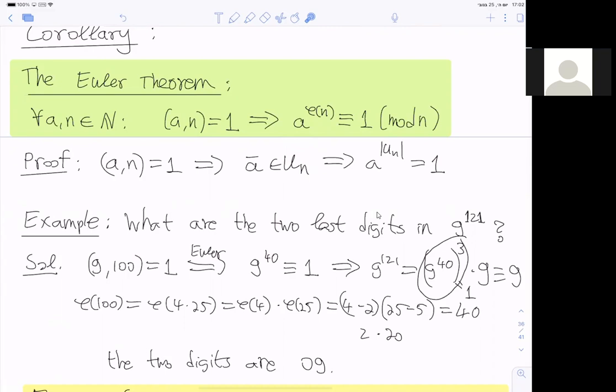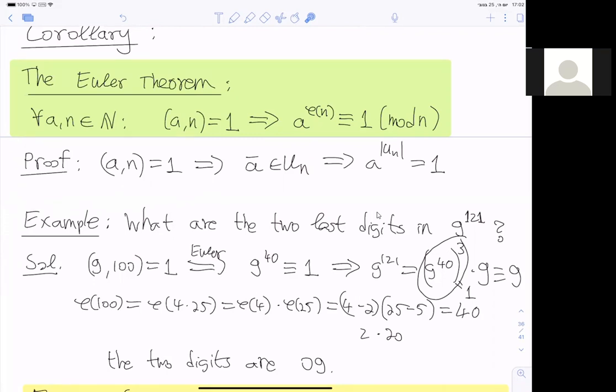For example, U6 contains only two elements, 1 and 5, because you want these elements to be invertible with respect to multiplication modulo n, not addition, multiplication. So in U6, you have only 1 and 5. Of course, in UP, you have all numbers until P minus 1, because they are all co-prime.